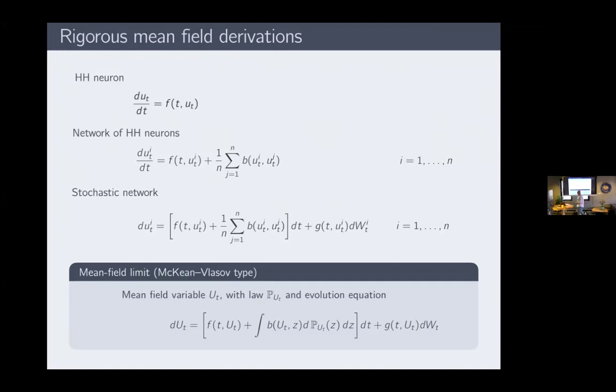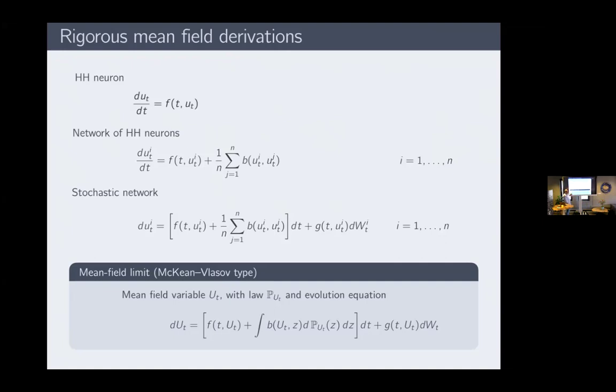And what people have been trying to do, certainly in a branch of mathematical neuroscience that is really more attached to, I would say, probability theory, is to investigate what happens as n goes to infinity, number of neurons goes to infinity, to these stochastic differential equations. And what they find, in the physics literature, this is called a McKean-Vlasov type formalism. Not that I know much about it, but that's basically what is being done in the literature.